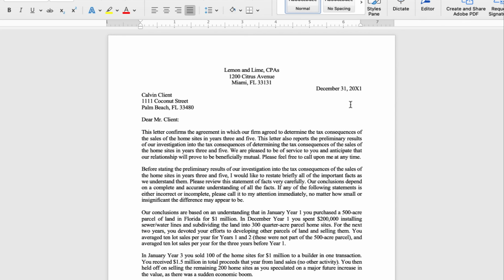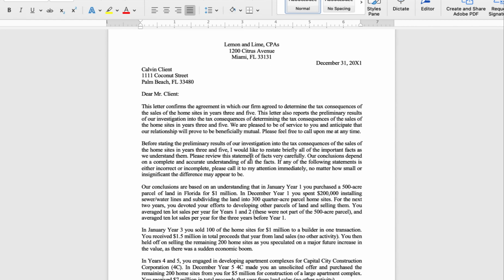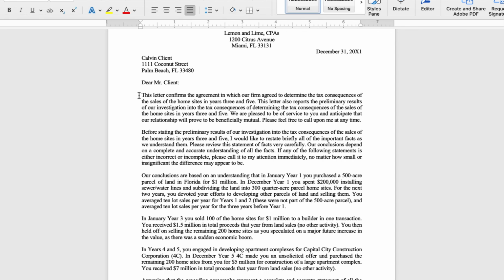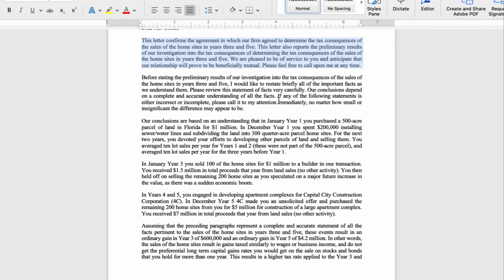So just to review, step 1 is to put the addressor, the date, the addressee, and the client's name. Step 2 is to put the statement of the scope and the objective. Step 3 is to go through the facts with the client, having that paragraph, making it clear what you're doing and that they need to clarify if there's any issues.